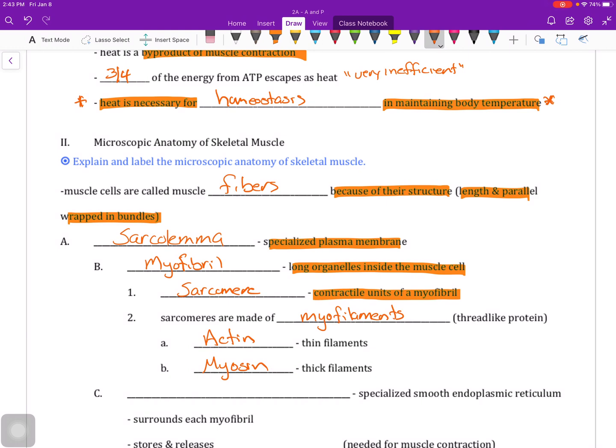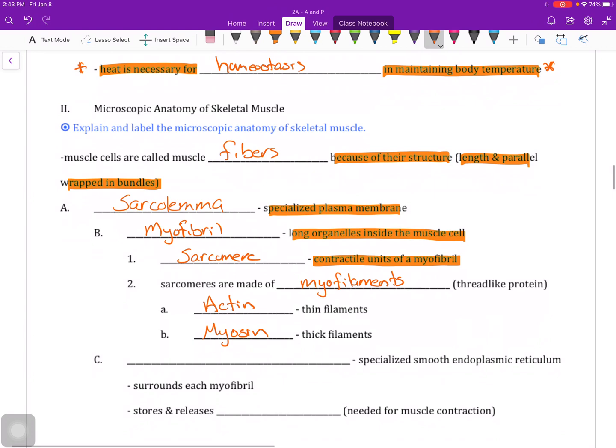Now, we had a special name for the plasma membrane called the sarcolemma. Now, we have a special name for the endoplasmic reticulum, because remember, we're talking about a muscle fiber here, so they have the same organelles that a normal cell has, except in this case they have specialized names.